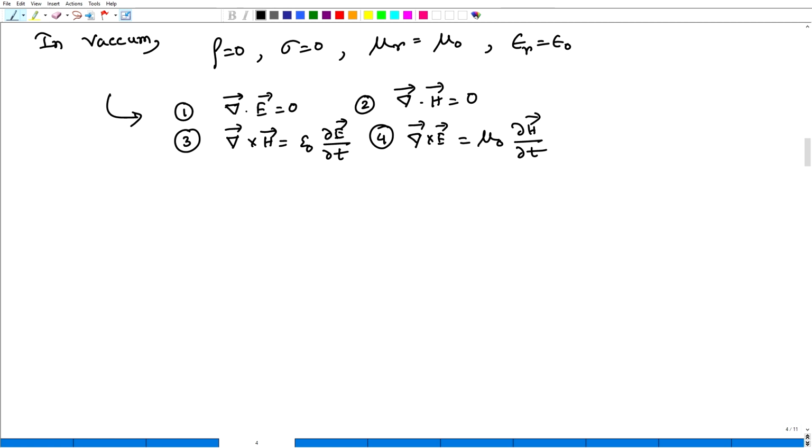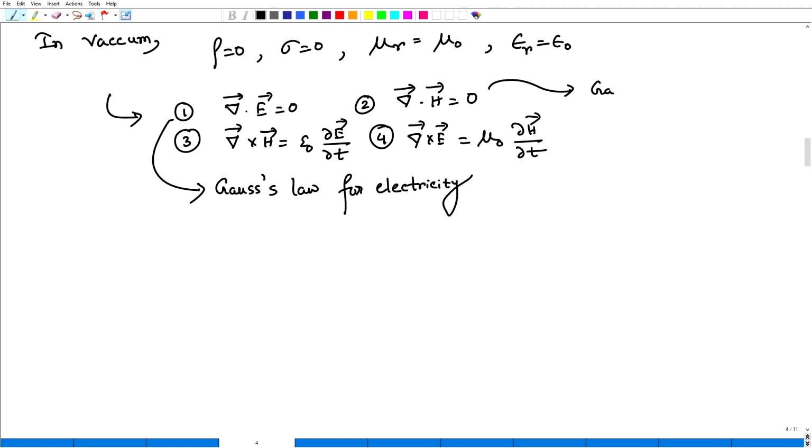The first equation is called Gauss law for electricity. The second one is Gauss law for magnetism.